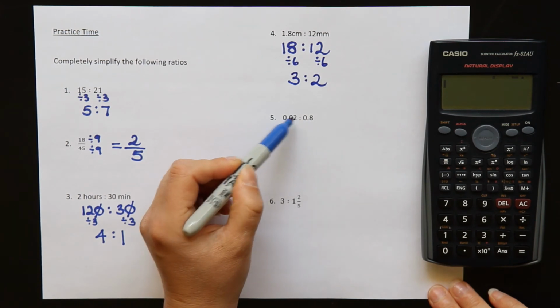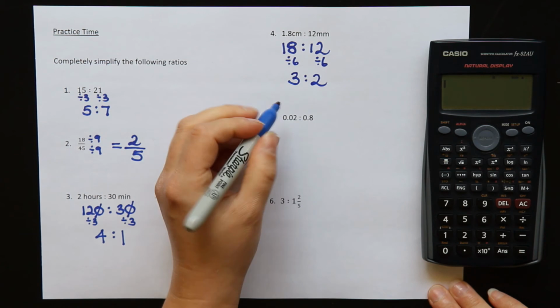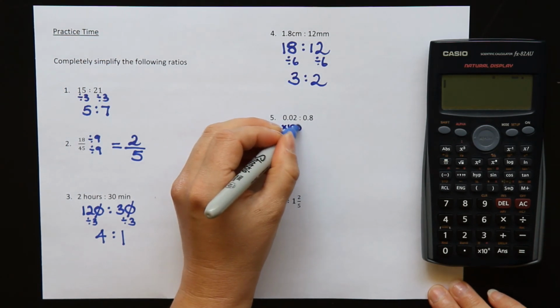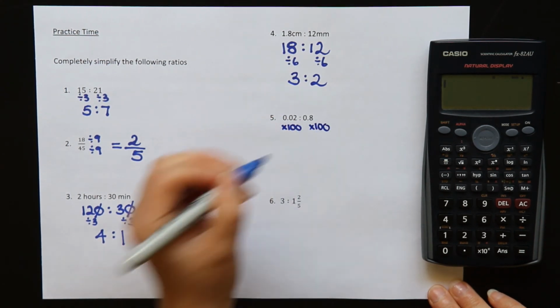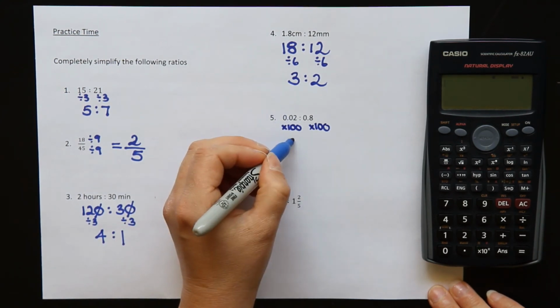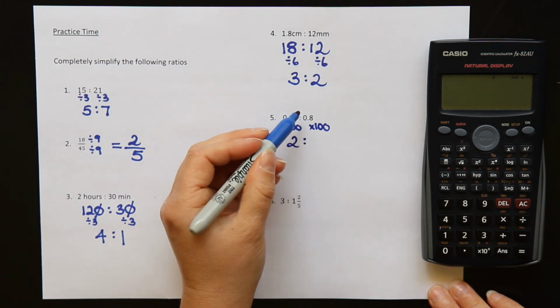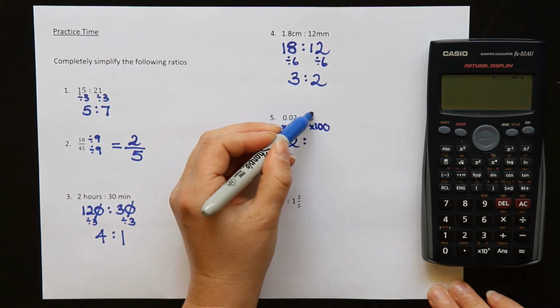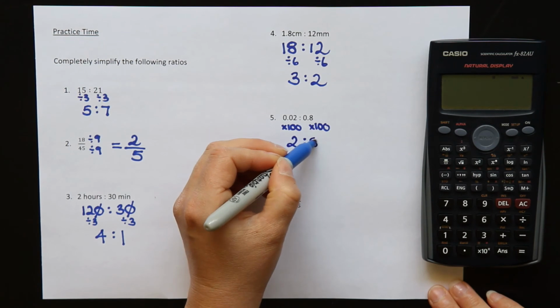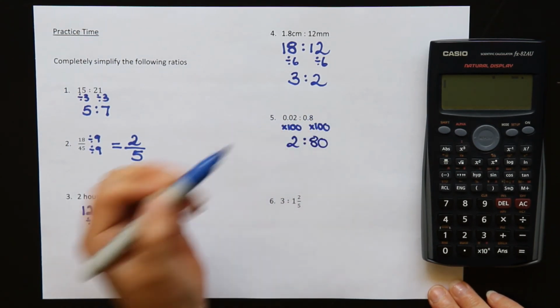Alright, question 5, we have decimals here. The longest decimal here has 2 places. So we would multiply by 100. Both sides have to do the same thing to both sides. So multiplying by 100 will give me 2 on the left side. Multiplying 0.8 by 100, one jump goes over the 8, and it becomes 80 for the second jump, for the second 0 there.